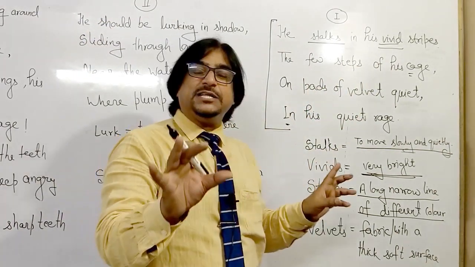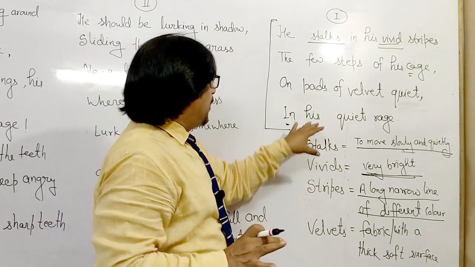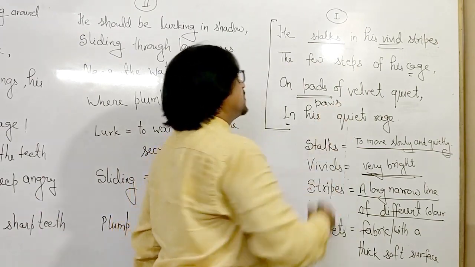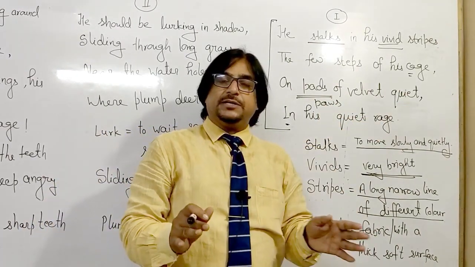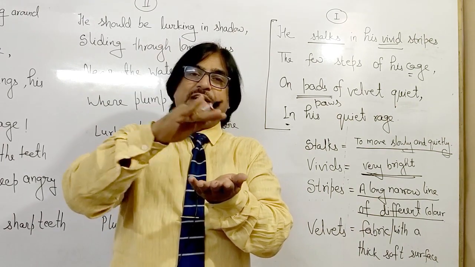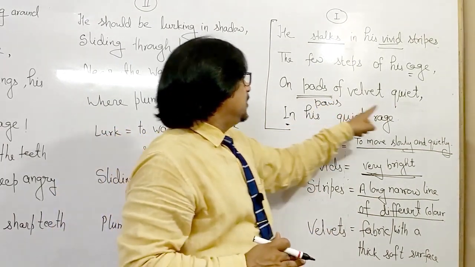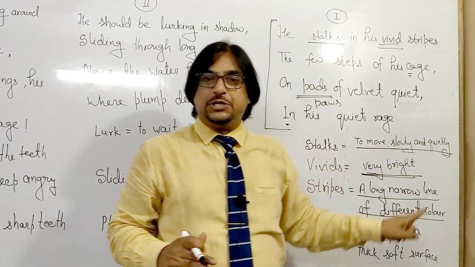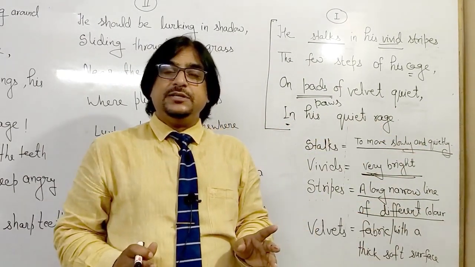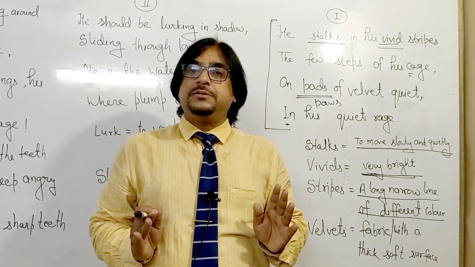On pads, pad means paw of the tiger. Velvet means soft body, we can say a soft layer. Quiet means silent. In his quiet rage, rage means extreme anger.